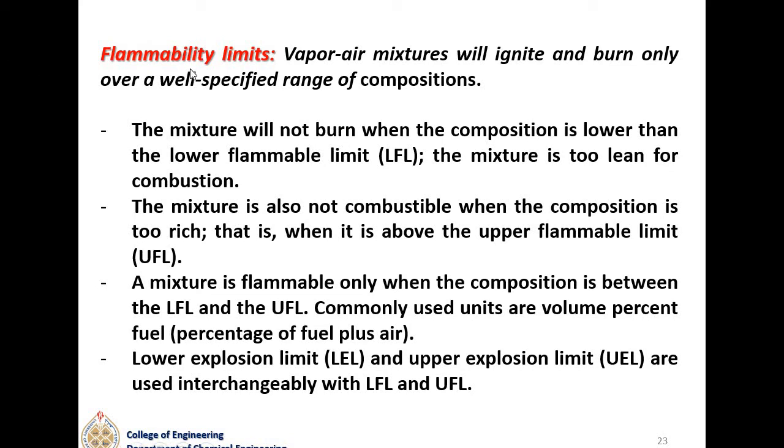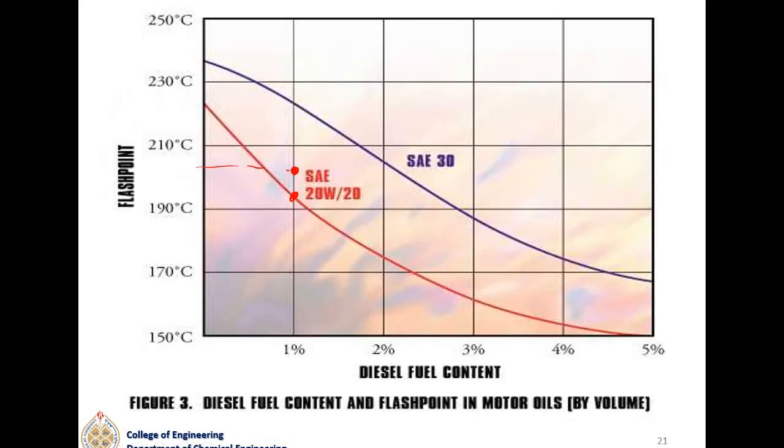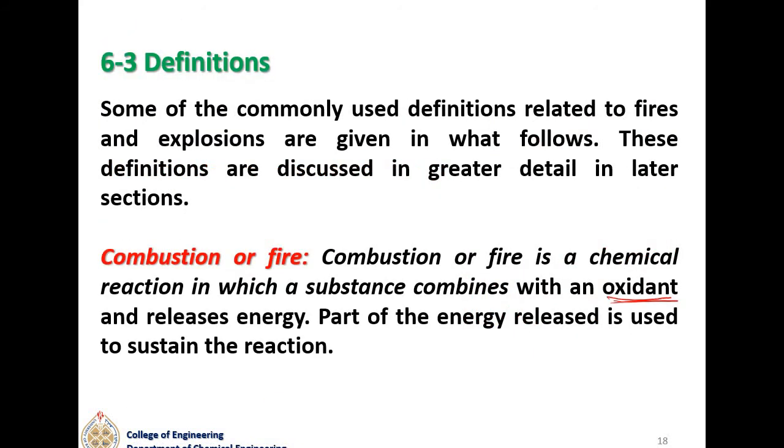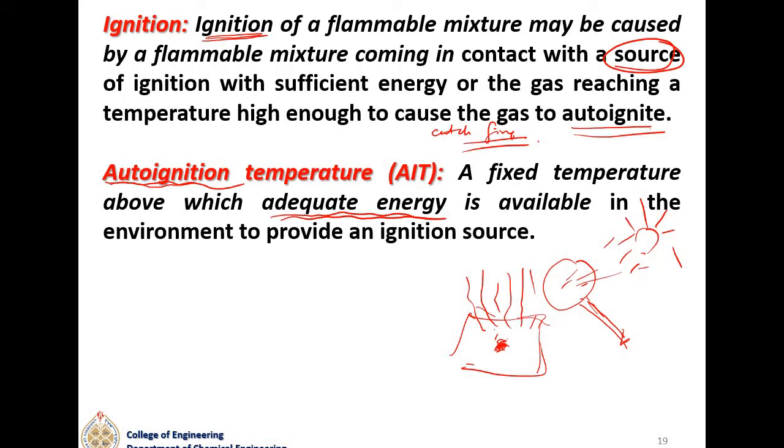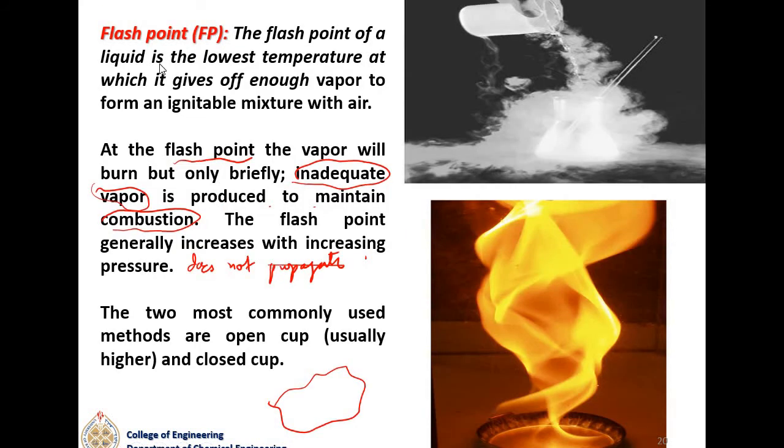If you catch up, we know what combustion is, a chemical reaction that releases energy, part of which keeps the reaction happening. The second definition is ignition, where you need a source, but it could auto-ignite without that source if it goes above a certain energy limit.